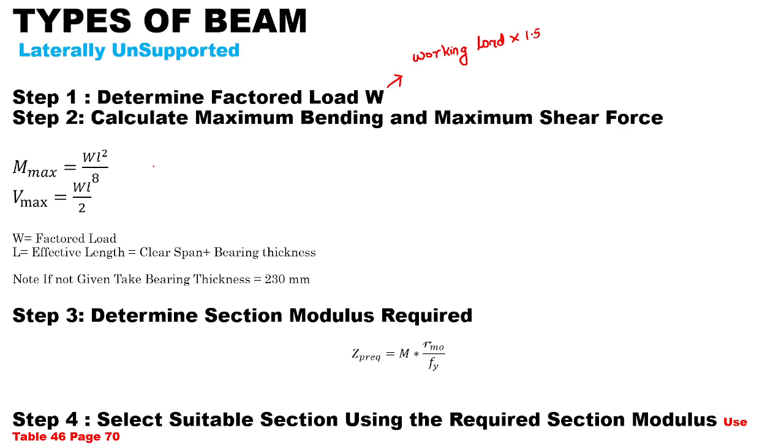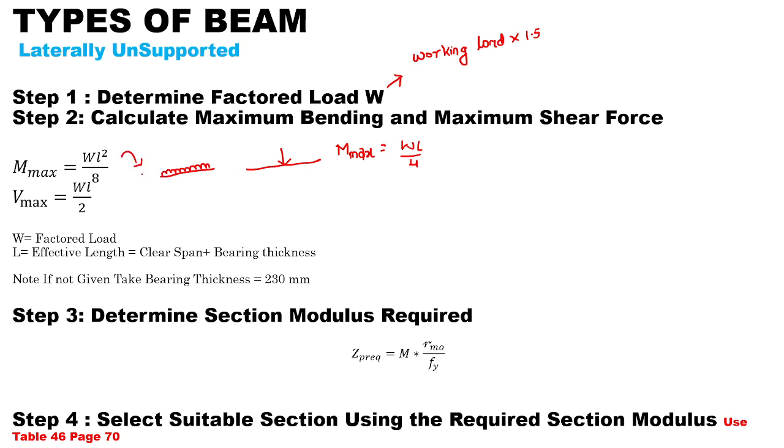In case of UDL, the maximum bending moment will be WL square divided by 8. And in case of point load, this maximum moment you can take as WL by 4.